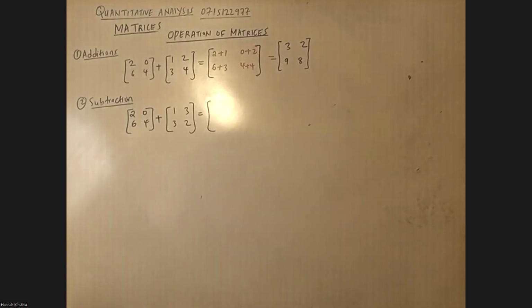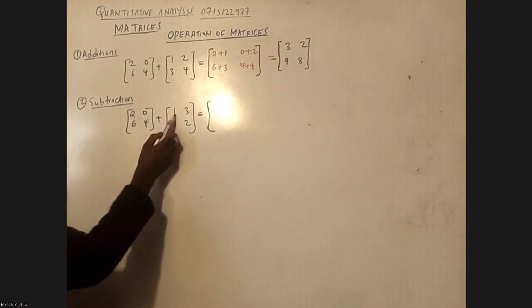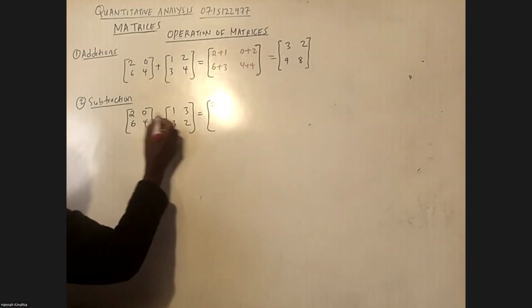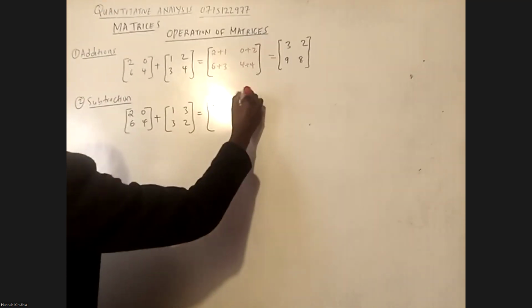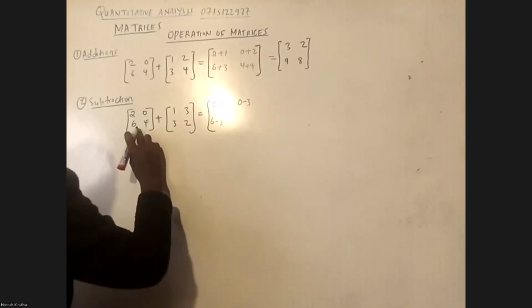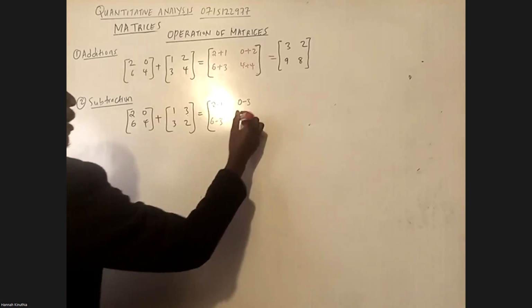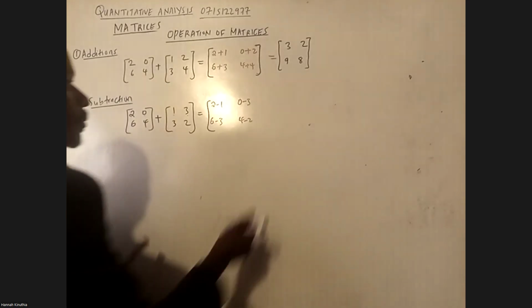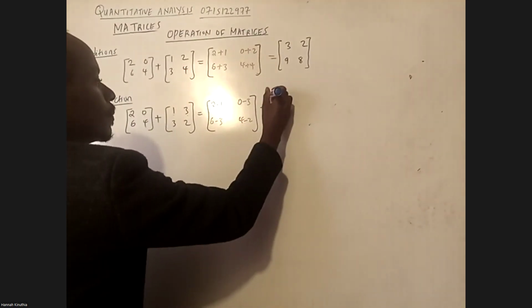It will be 2 minus 1, 0 minus 3, 6 minus 3, and then 4 minus 2. This is how it is done. Then you get the final answer.